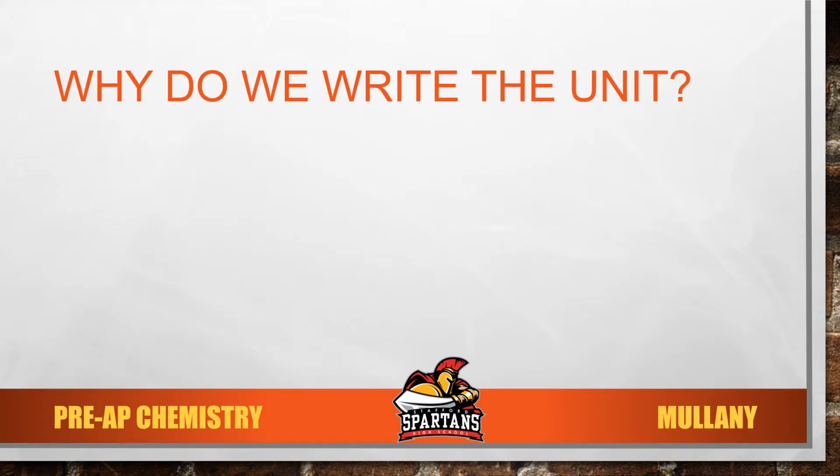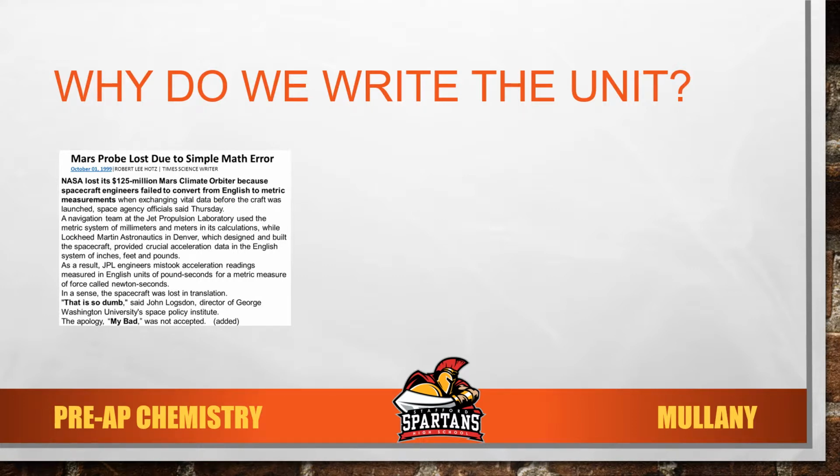So why do we write the unit? True story here. A Mars probe was lost to a simple math error. So basically, you have NASA and the Jet Propulsion Laboratory. Big time scientists, super smart people. Someone got a little lazy. This is where units come into play.